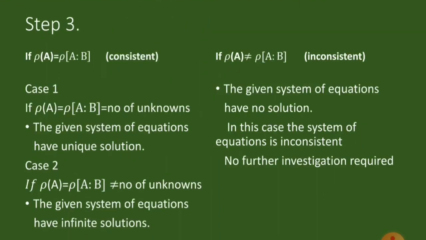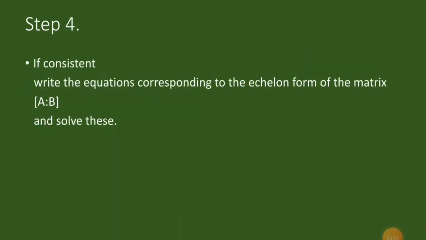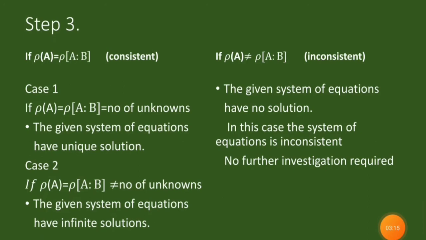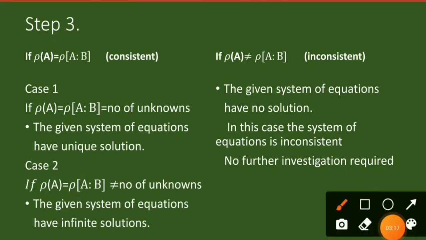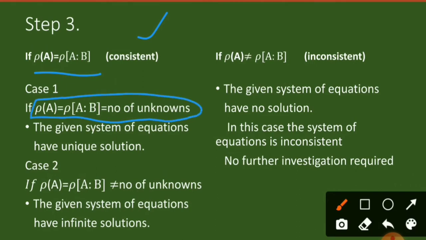After writing the ranks, the next step is to check whether these two ranks are equal or not equal. If both ranks are equal, rank of the matrix A and rank of the full matrix, this system of equations is consistent. And in this case, we have two possibilities. First is that the rank of both the matrices is equal, and that is equal to the number of unknowns.